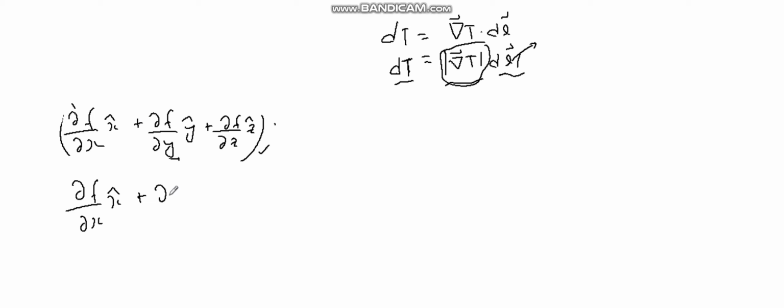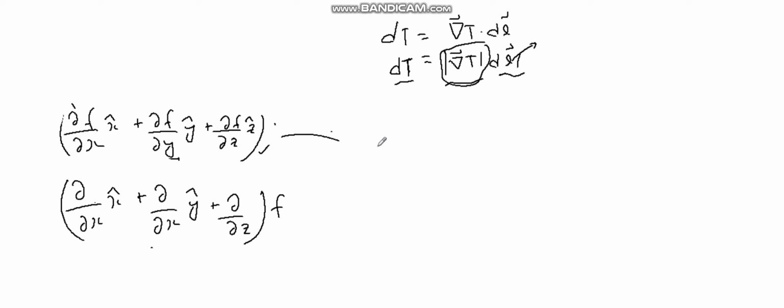We can factor out this f. And we know we have already written this as del of f. So this f is factored out, which means this del operator actually looks like this.